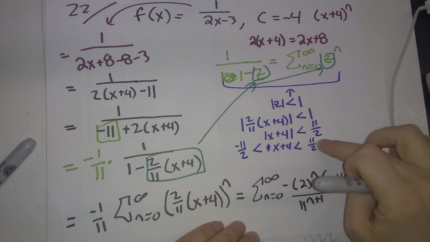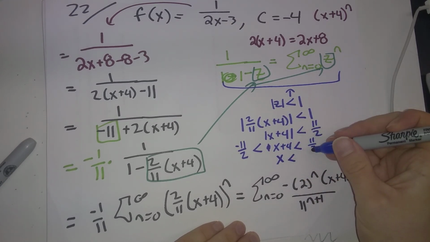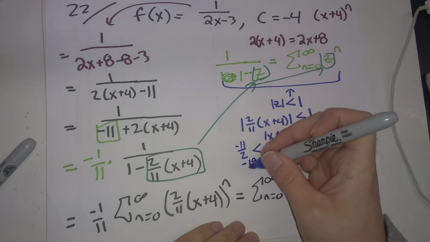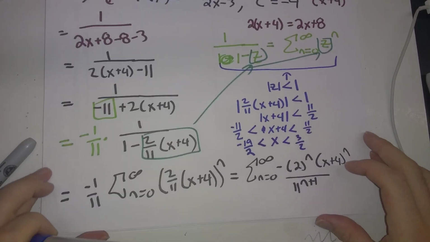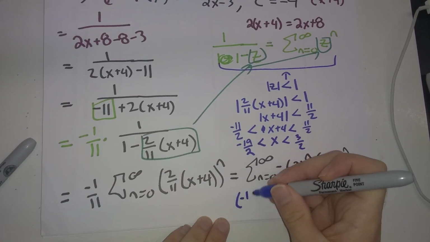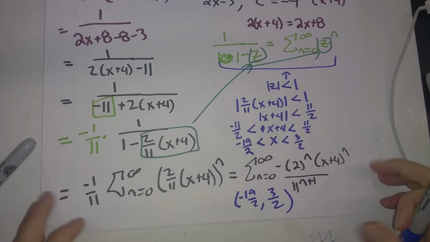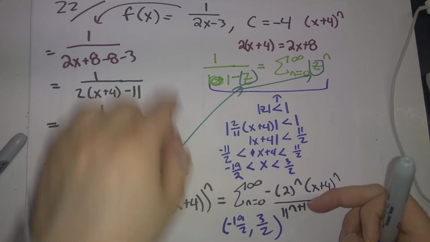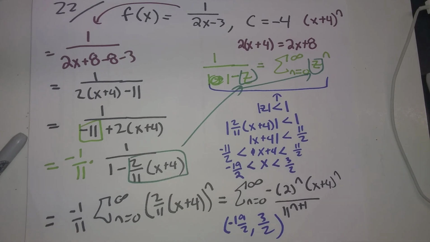And finally, if we subtract 4 from everywhere, we get x is less than 3/2 and greater than minus 19/2. So the interval, minus 19 over 2 to 3/2, is our interval of convergence for this Taylor series for this function centered at c is equal to minus 4.